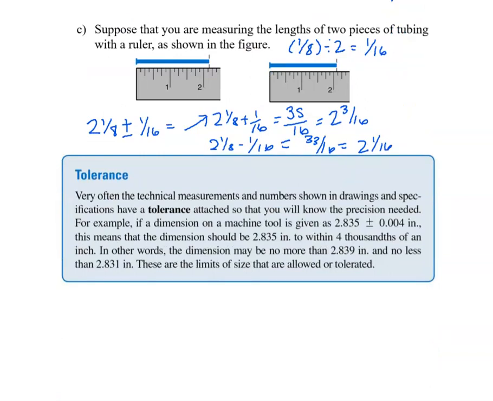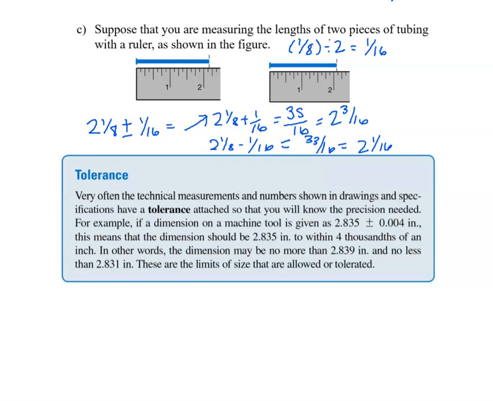Very often the technical measurements and numbers shown in drawings and specifications have a tolerance attached so that you will know the precision that's needed. For example, if a dimension on a machine tool is given as 2.835 plus or minus 0.004 inches, this means that the dimension should be 2.835 inches to within 4/1000ths of an inch.